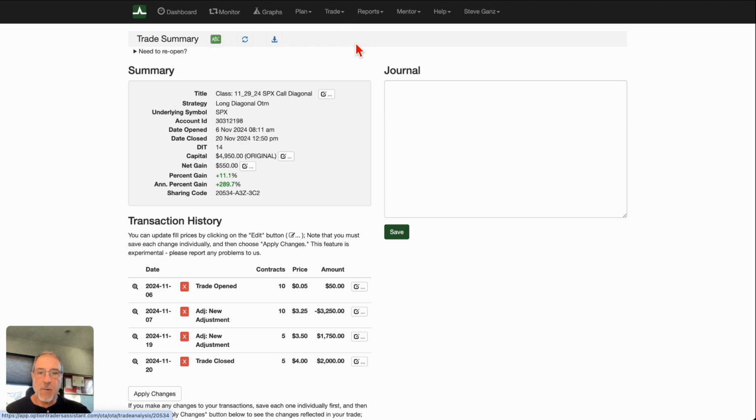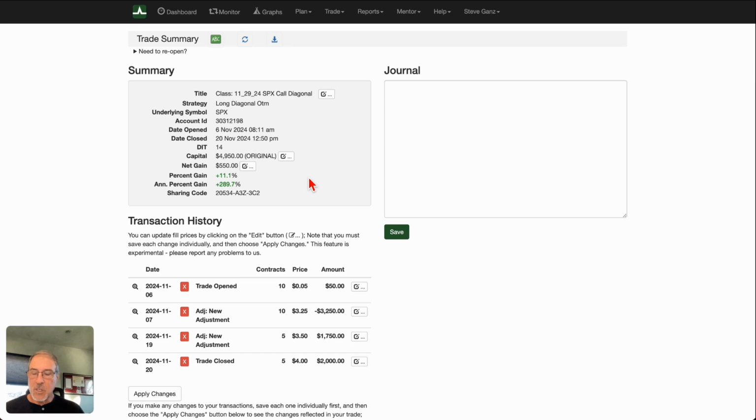for $550 in profit. So again, the key point here is that rules-based trading has some value if you don't understand technical analysis. But the ideal situation is that a person can learn to apply technical analysis with the skills of adjustments in a trade.